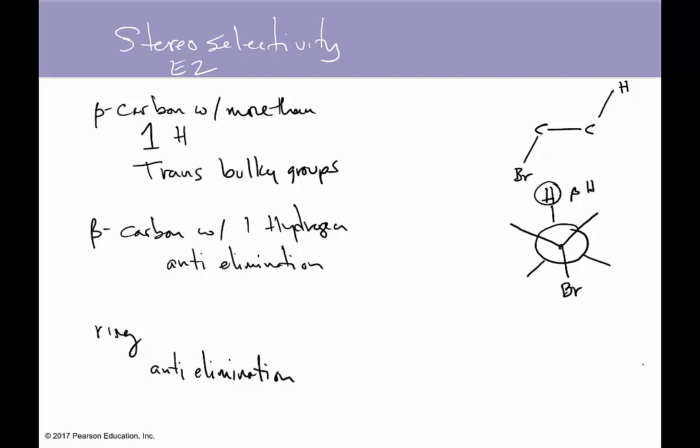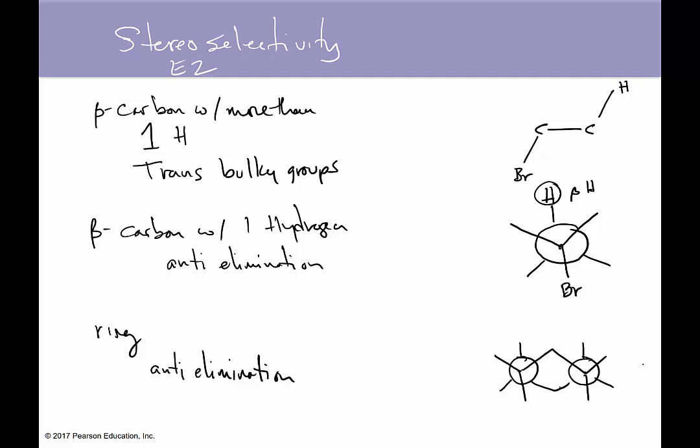Now, if you think about rings, the only way that you get this to show up in a ring is if you were to draw the Newman projection, and Newman projections help a lot in understanding this kind of thing, of cyclohexane. You would have something like this, for example, and then the rest of these go like that, and that.